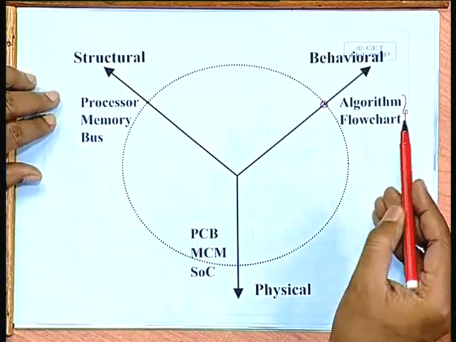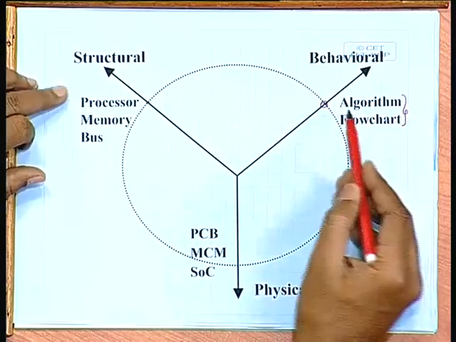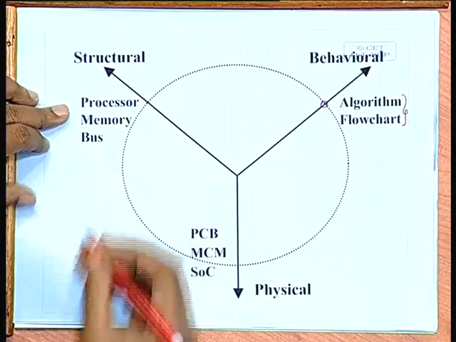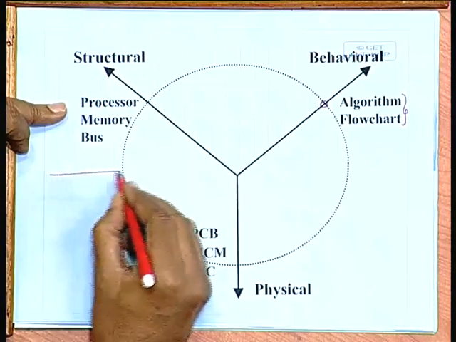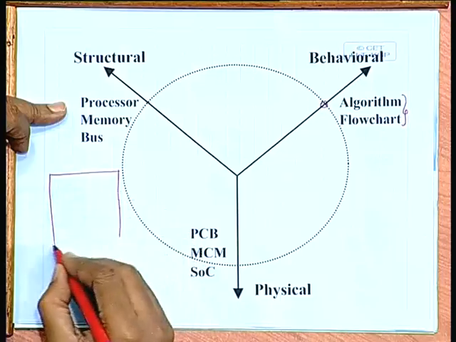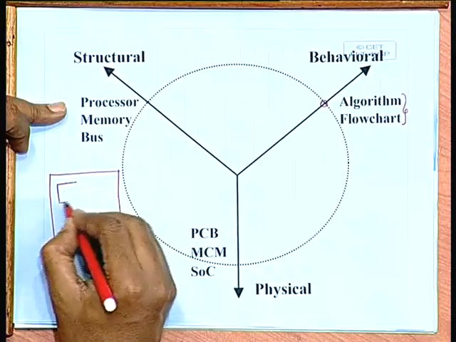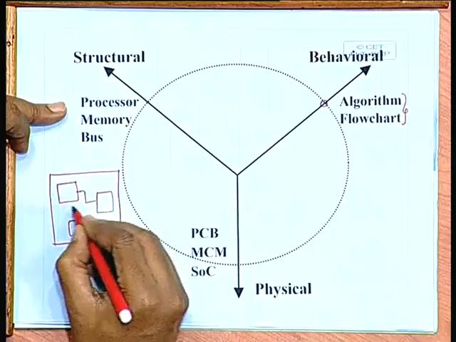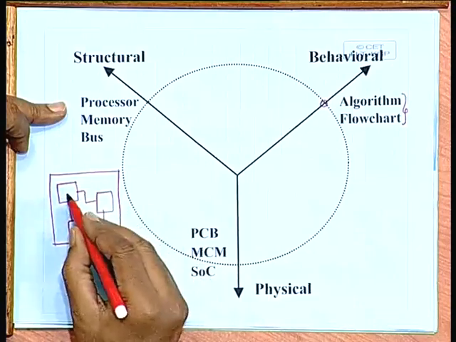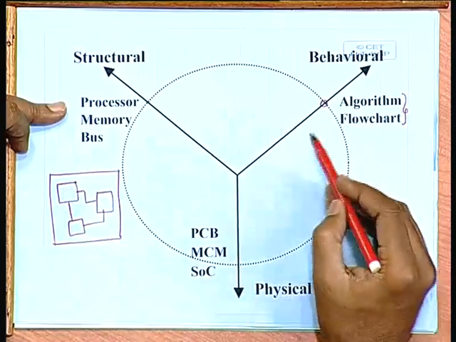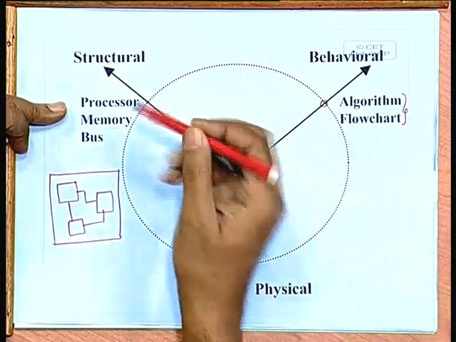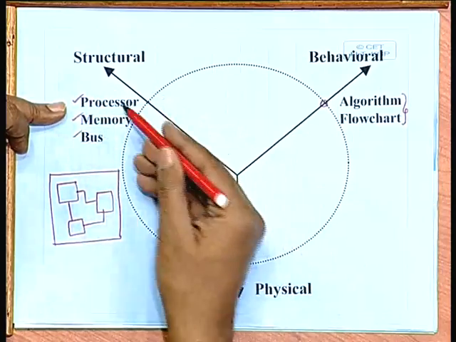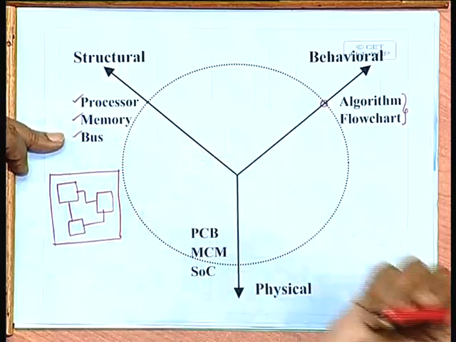So, when we synthesize an algorithm or a flowchart, at the corresponding structural level, we will have some kind of a block diagram. We will have some basic building blocks and their interconnections. Now, these basic building blocks at the level of algorithm or flowchart will be something like processors, memories, buses, other IO interface units, etc.